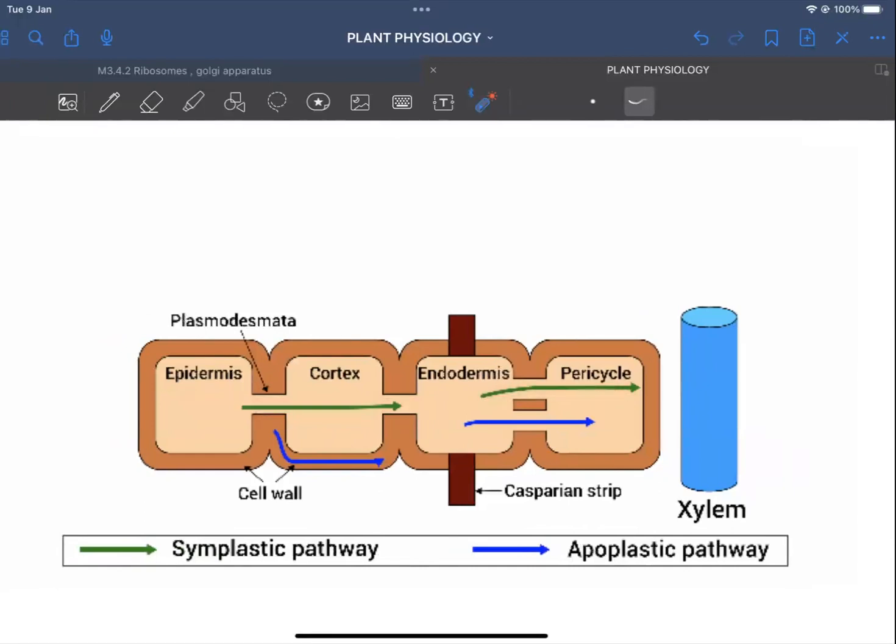For the apoplastic pathway, they will be transported along the cell wall, but once it reaches the Casparian strip, which prevents the water from flowing through the cell wall, they have an alternative way. They enter the cytoplasm again and finally enter the pericycle.